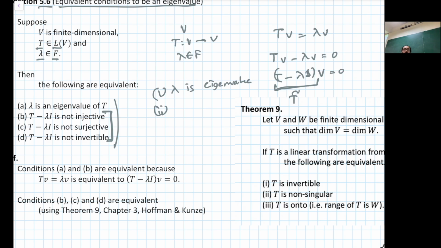So if V not 0 is such that this condition holds, what can you say about T tilde's null space?